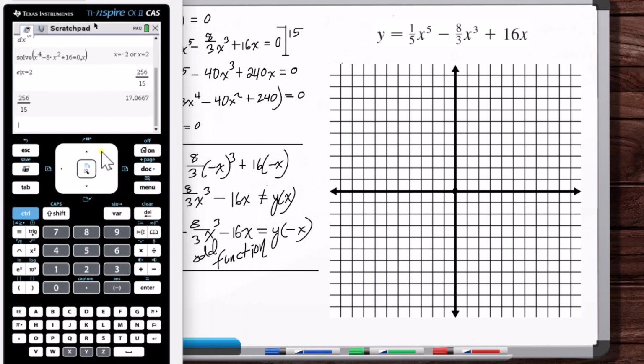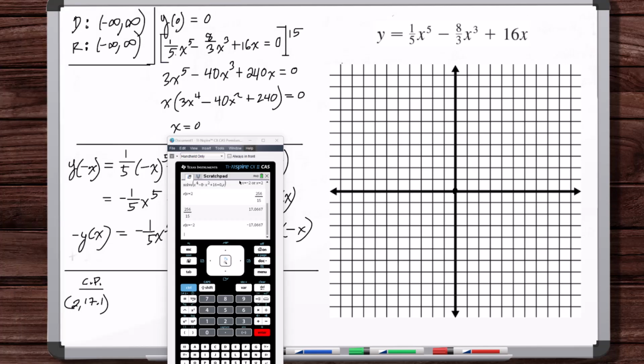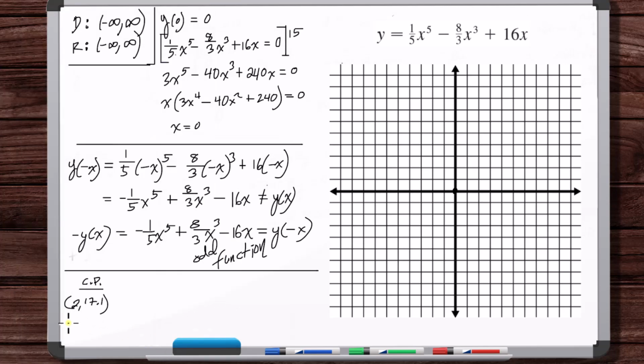Now for -2, it would be -17.1. Actually, we could have figured this out already because we have (2, 17.1). It's an odd function. So for every point you multiply by -1, you get a point on the original curve. So we didn't even need to evaluate this.